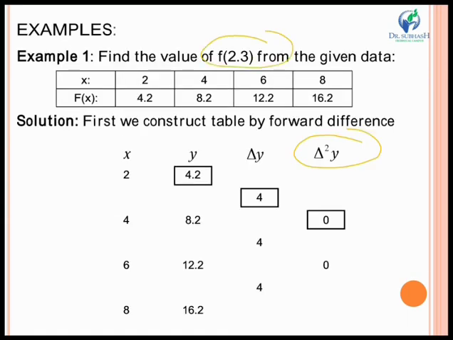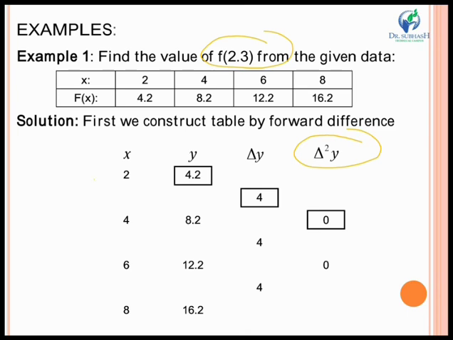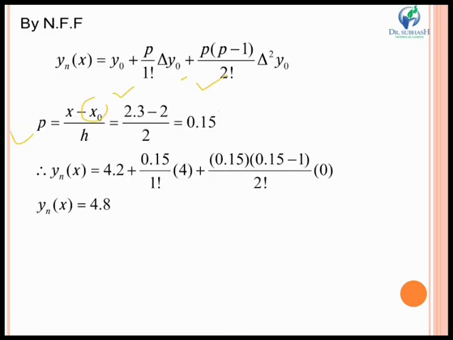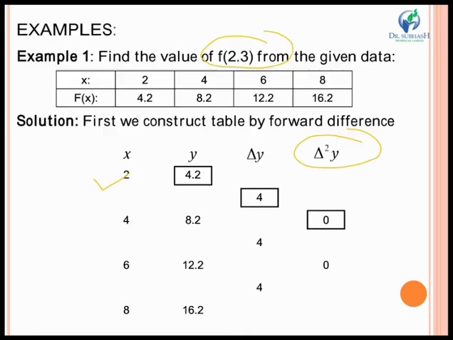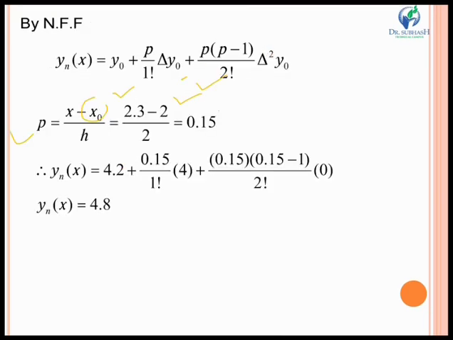We have to find the value at 2.3. So x will be equal to 2.3. What is x0? First value of x, that is x0, that is 2, and h. You can see here there is an interval of 2. So h is equal to 2. On calculating this, you get 0.15.